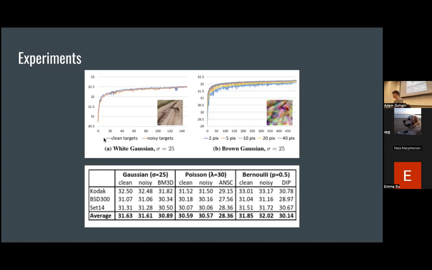we see that the convergence between using just clean targets and using this Noise2Noise methodology doesn't cause any slowdown in how fast the model converges.